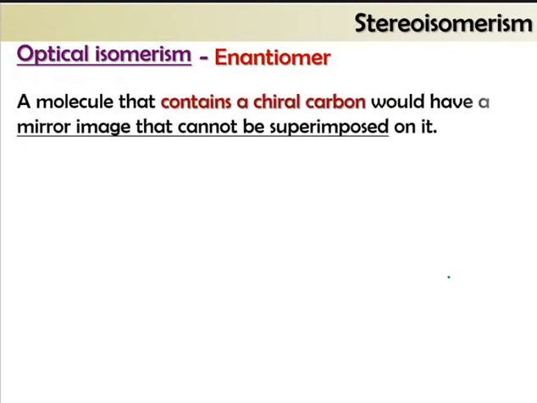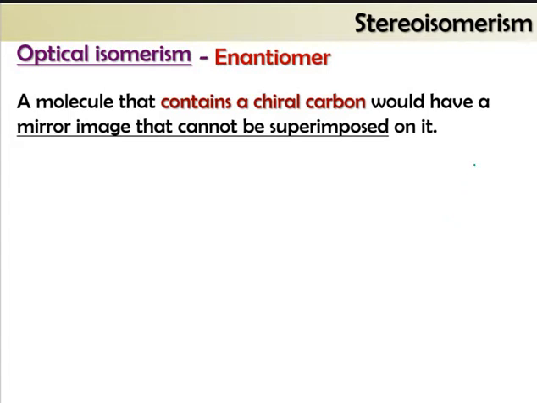Alright. So kita terus pergi kepada enantiomer. Kita dah kenal chiral carbon yang berada dalam cyclic compound and chiral carbon yang bukan cyclic, yang dalam chain biasa. Okay, sekarang kita tengok enantiomer. What is enantiomer? A molecule that contains a chiral carbon will have a mirror image that cannot be superimposed on it.